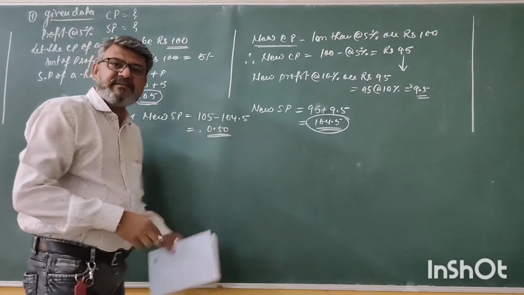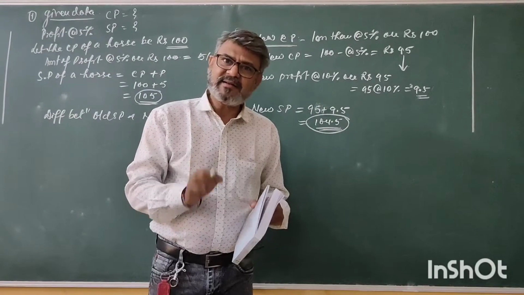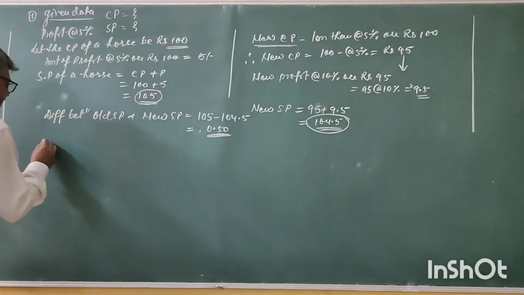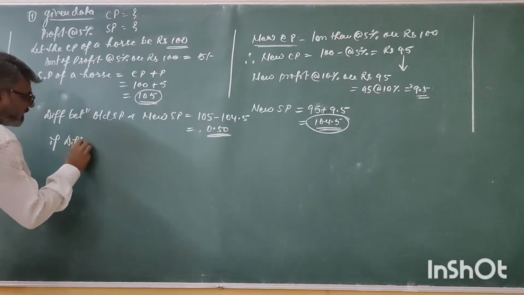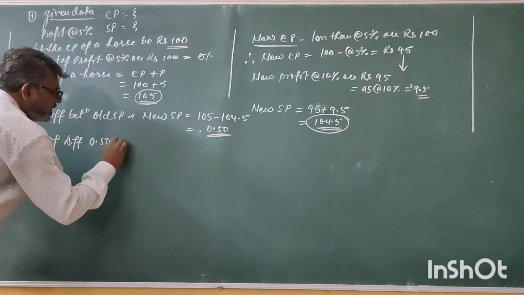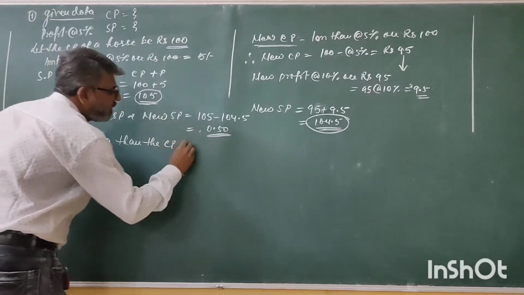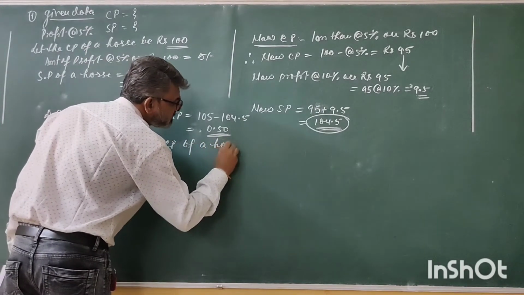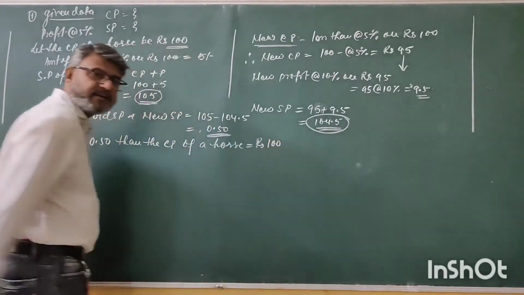The same difference is given as per question, ₹30 less. Understand? Then if the difference is ₹0.50, then the CP of the horse is equal to ₹100. Clear?